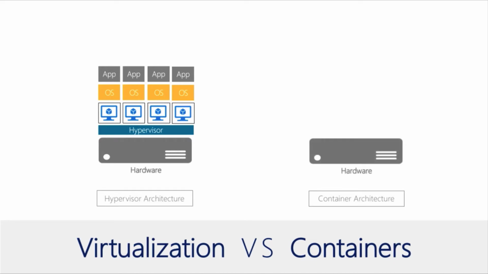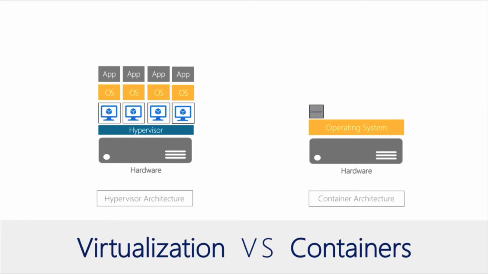We'll still start with your underlying physical hardware, but instead of creating a hypervisor layer, we're just going to do what we've done in the past, install an operating system. Your operating system can have the capability to run containers. With Windows, it's just a feature that you install. With Linux, it's a package that you install. And then you can create a container.